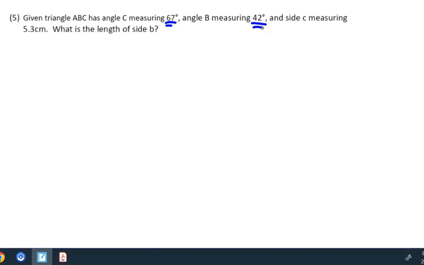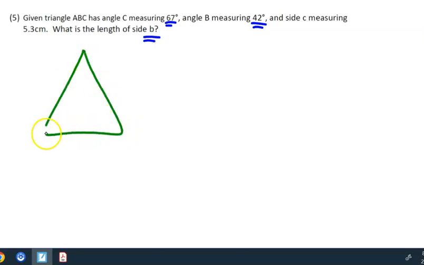So again, if the side you're looking for doesn't match up with one of the angles, like in the previous problem, find the third angle, and you should be able to pair up B and the 5.3 with an angle that is opposite both sides. So go ahead and set up the problem, and then if you feel comfortable, finish it off, move on to problem number 6. And at some point, turn the video back on when you are ready to compare your answers to mine.